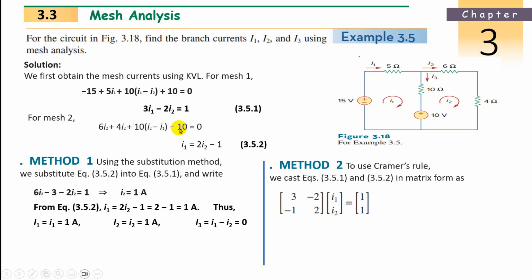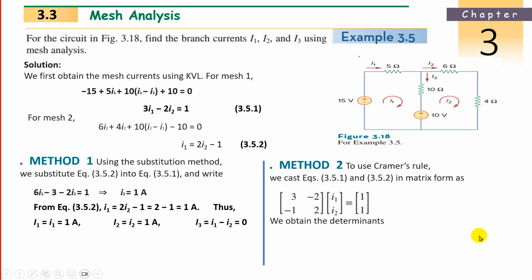So when I1 is taken to this side, what happens? Minus I1 plus 2 I2. So minus 1 and 2, and on the other side 1. So this is the matrix form.